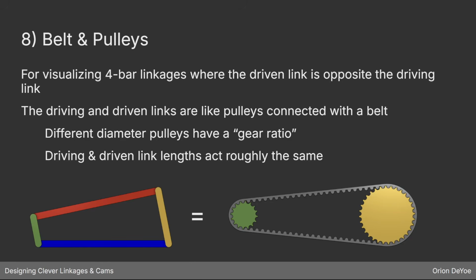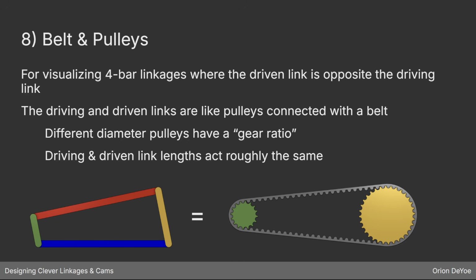In addition, as we mentioned earlier, linkages can often replace power transmission components. When you're talking about unequal 4-bar linkages or an equal 4-bar, you can visualize them like a belt and pulley reduction or a sprocket and chain reduction, same thing.